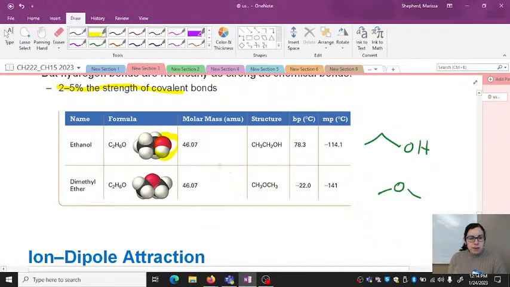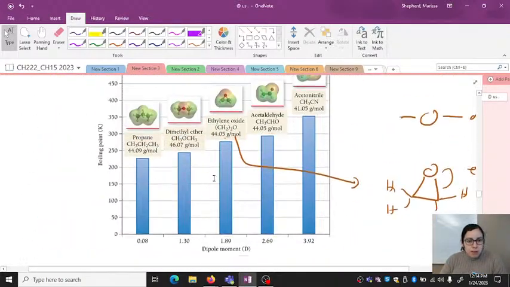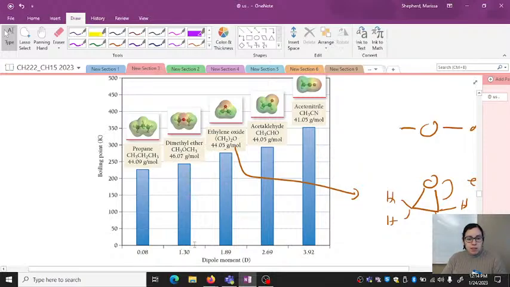So again, compare their masses first. So they have about the same mass. So we wouldn't expect them to have different boiling points, except this huge difference is just caused by the hydrogen bonding. And so you can see even the dipole-dipole doesn't offer enough explanation. So just going back, we had said dimethyl ether was about 1.3.